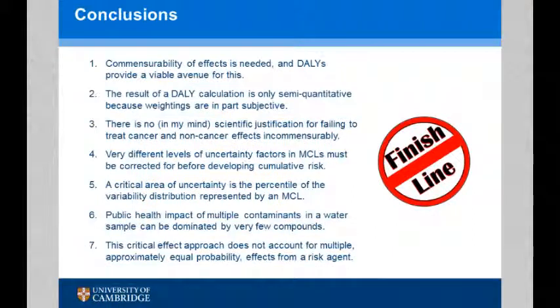Well, you can read the conclusions. I don't need to go through them in any sort of detail, but the argument here is that we do need some commensurability of effects. Disability-adjusted life years is one viable way of doing that, as would QALYs, as would willingness to pay, or public health calculations of cost to society from each of the effects.